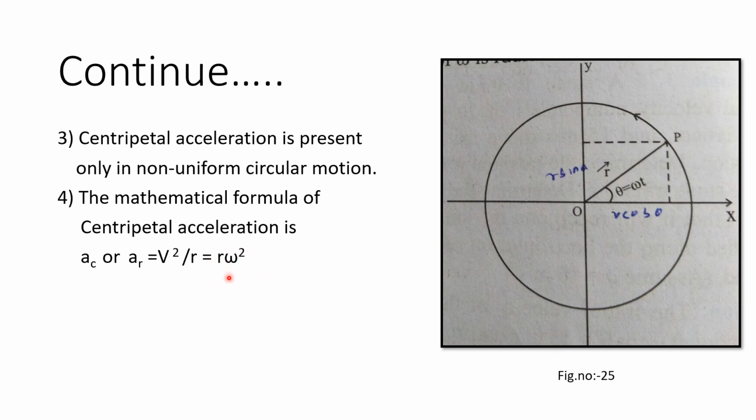If we put this value in the equation, it is equal to r squared omega squared divided by r, r cancels, then the final equation of centripetal acceleration is r omega squared. It means centripetal acceleration depends upon the radius vector as well as the angular velocity of the given body. Now a_c is equal to r omega squared.